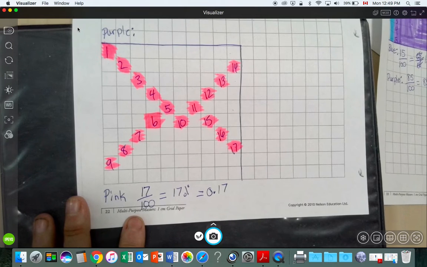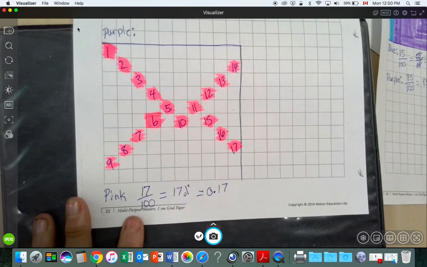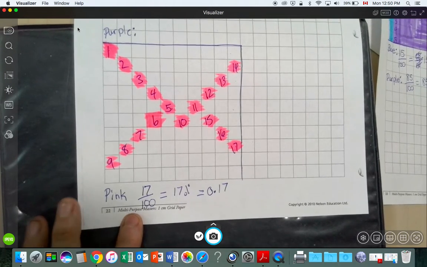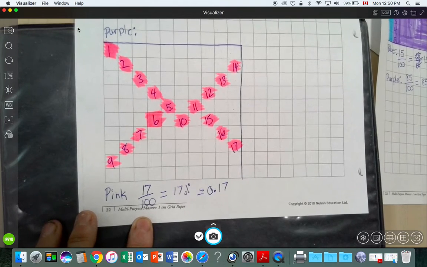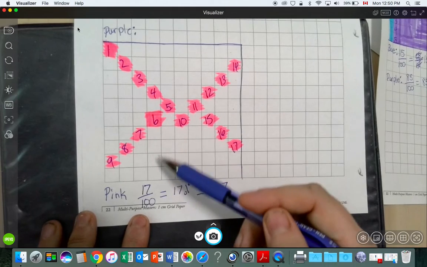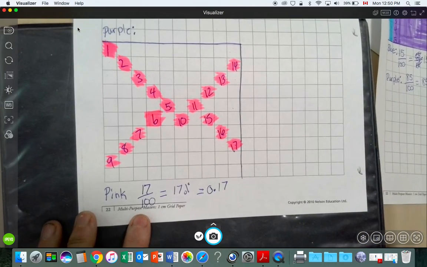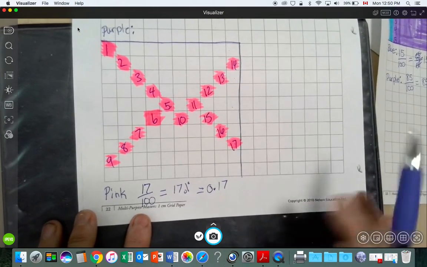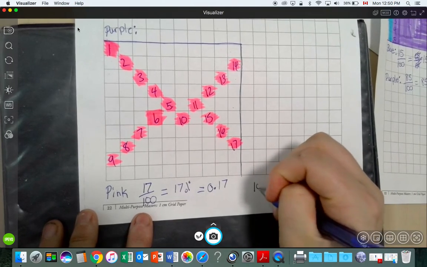Now, if the question asks you, give me the percent of the not colored area, for this question it would be much harder to count every square in between. You could, but it would be much easier just to go, I know it's 100.